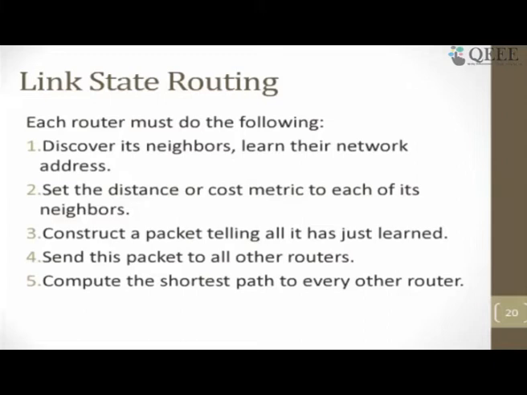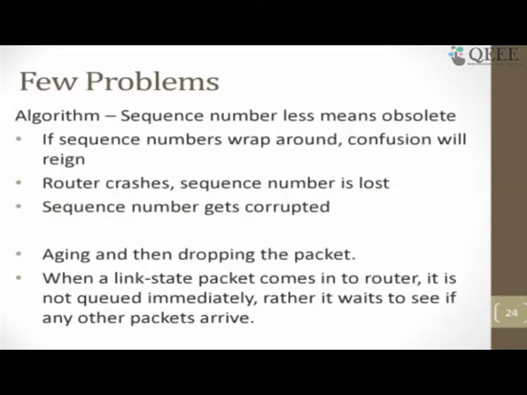Once those simple consistency checks are done, it builds up the graph, runs Dijkstra and constructs the routing table. One question you can ask is that this is a very costly process, because every node has to take information of every other node.